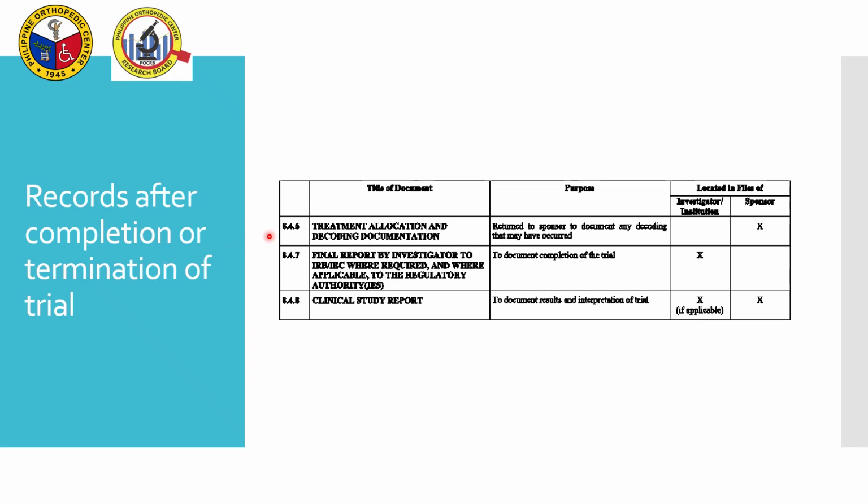Next is the final report by the investigator to the IRB, IEC where required, and where applicable to the regulatory authorities. This is submitted, as I have mentioned, to the IRB or the Institutional Review Board, or IEC or the Independent Ethics Committee, and where applicable to the regulatory authorities.